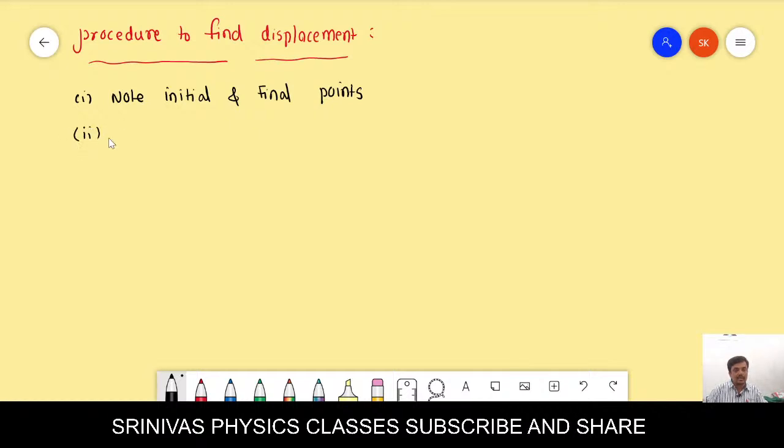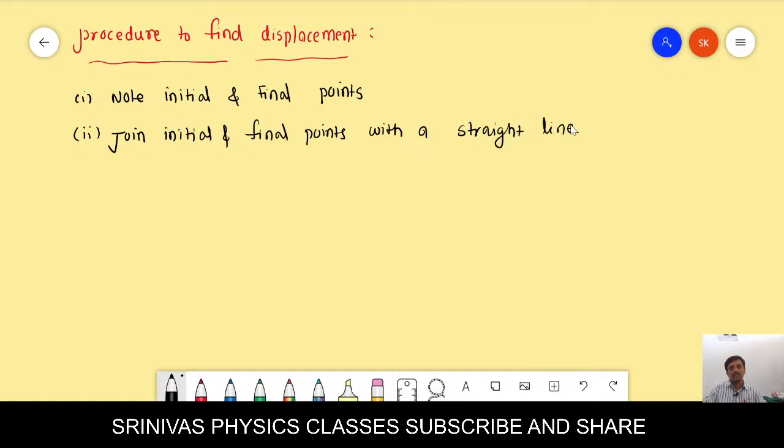The second step is to join the initial and final points with a straight line.